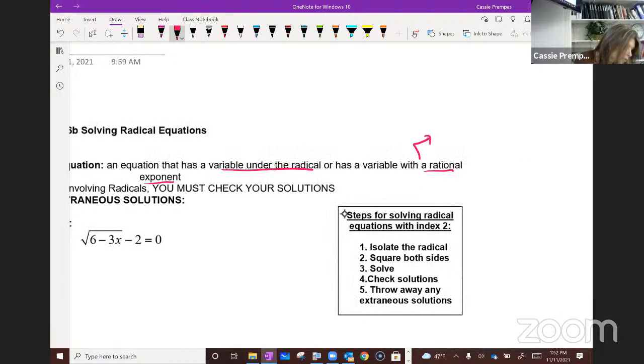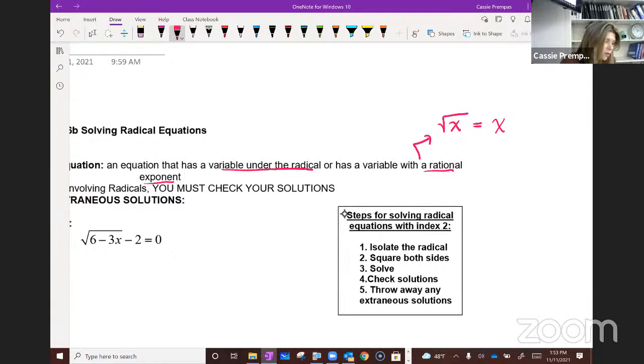If I look at the square root of x, that's a radical. Why do radical equations also include fractional exponents? Can someone raise their hand and tell me, how would I write the square root of x as x raised to a fraction exponent?